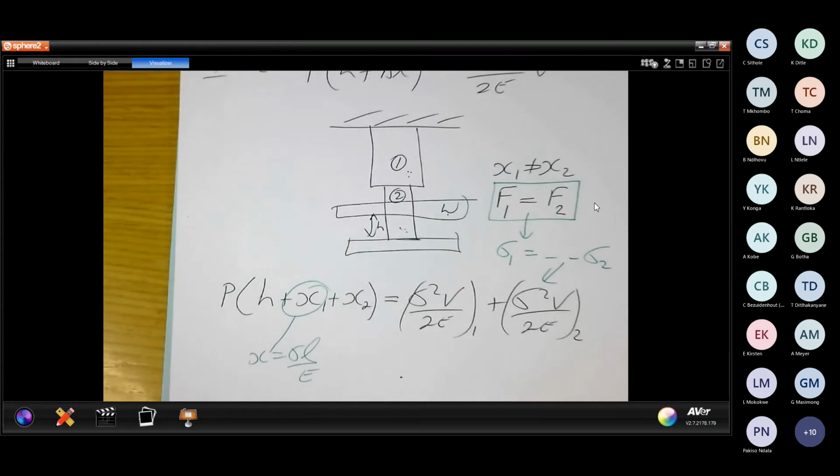Now, can you see, if I talk about this and go back to the previous part, we will have that other formula. Let me get that formula quickly.